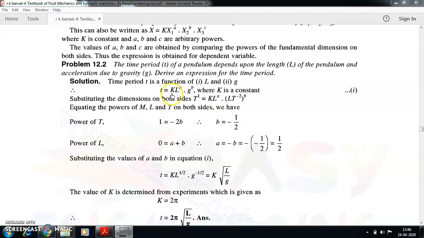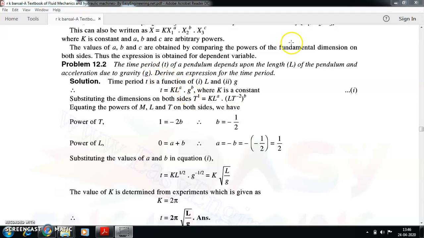So small t is a function. You can write it as equal to a function of g and l, right? Now if you remove that function, then t will be equal to a constant k into length, which is one of the variables, right? T is dependent on length, so L to the power of a and g to the power of b.